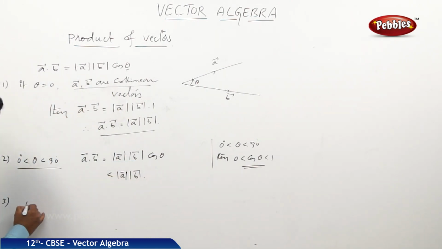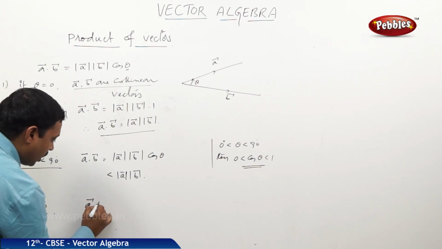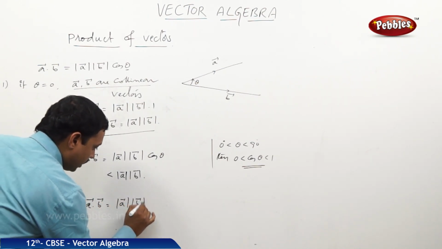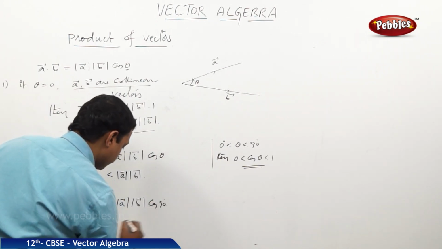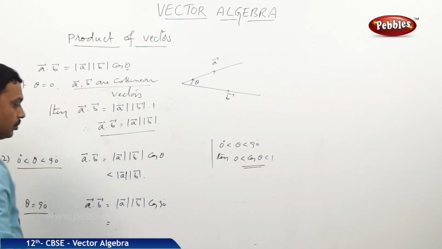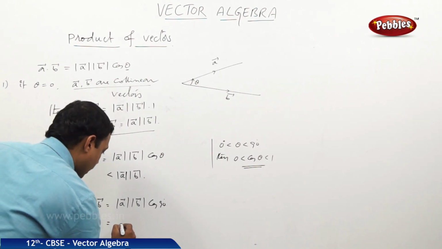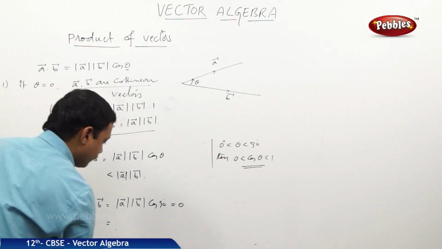Suppose theta is particularly 90 degrees, then what? A bar dot B bar is equal to mod A into mod B into cos 90 degrees. What is the value at 90 degrees? Cos 90 is equal to 0. So mod A into mod B into 0 is equal to 0.